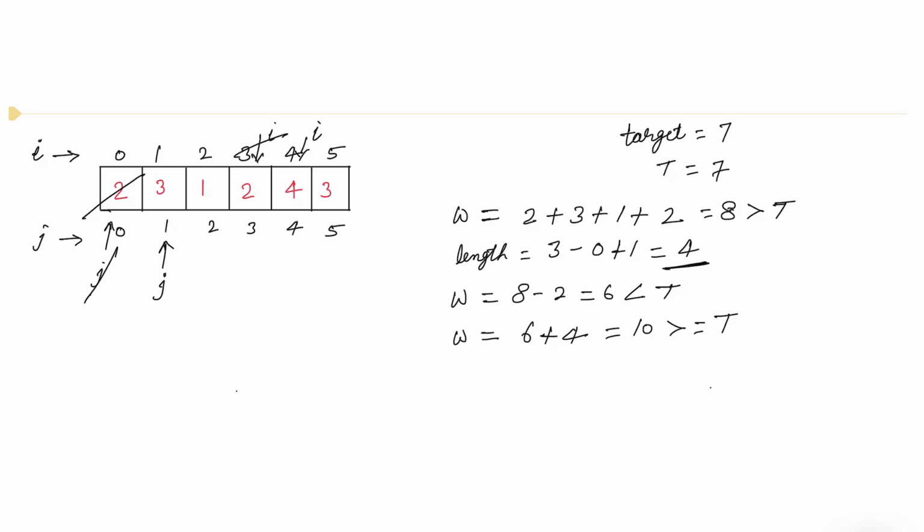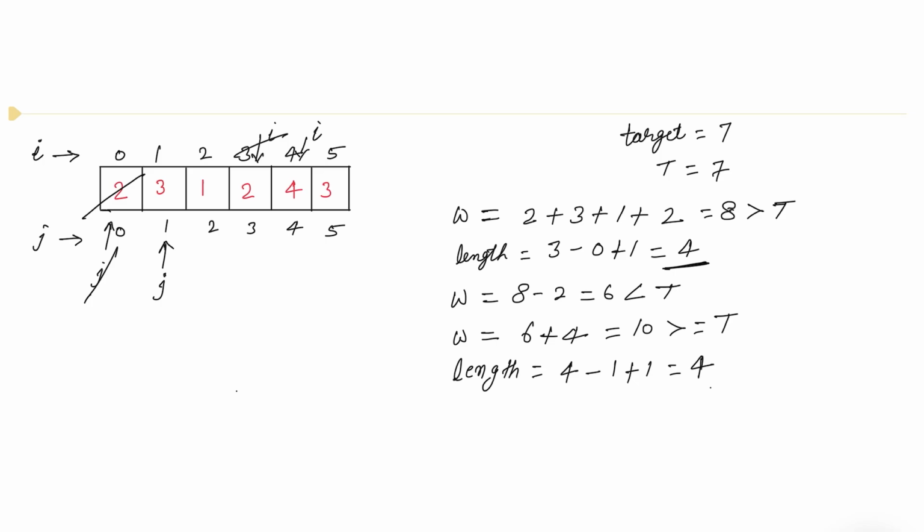Okay, now I have to find the minimum length. From here we can see there is a length of 4, but I will do it formally. So its length is last index 4 minus starting index 1 plus 1, and its value will be 4.